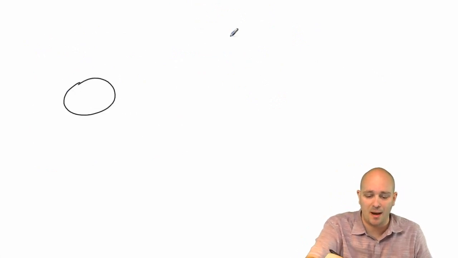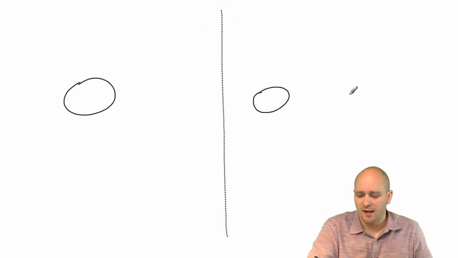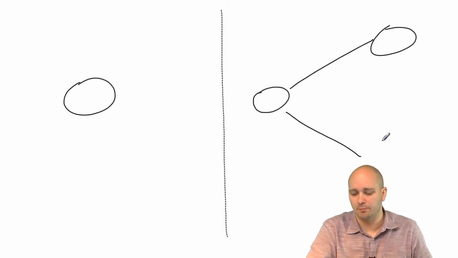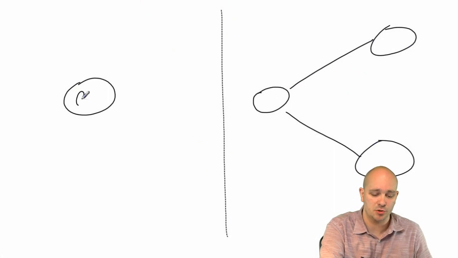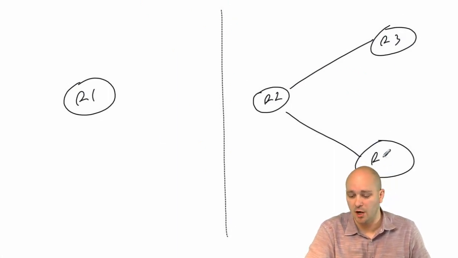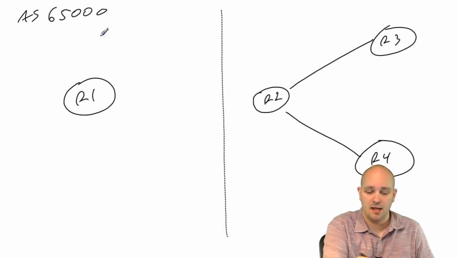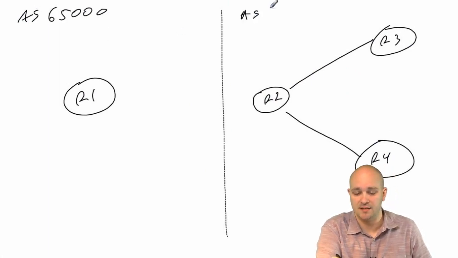Now, let me redraw this diagram here. Let me zoom it up a little bit. So here is the boundary of our two autonomous systems. Now, let's say that here I have multiple routers that might be peering with this one. So here we have R1, here we have R2, R3, and R4. Let's say that this one here is the AS65000, and let's say that this one here is AS65001.